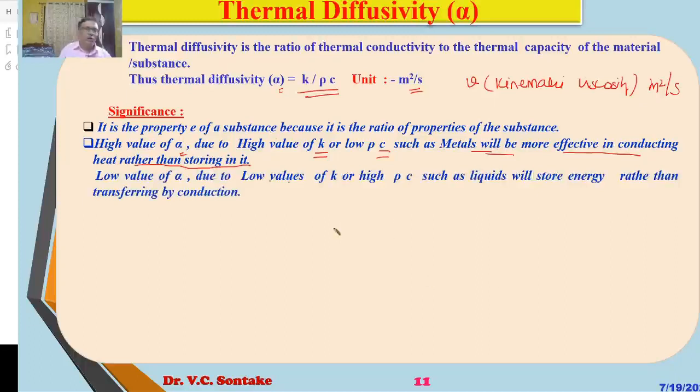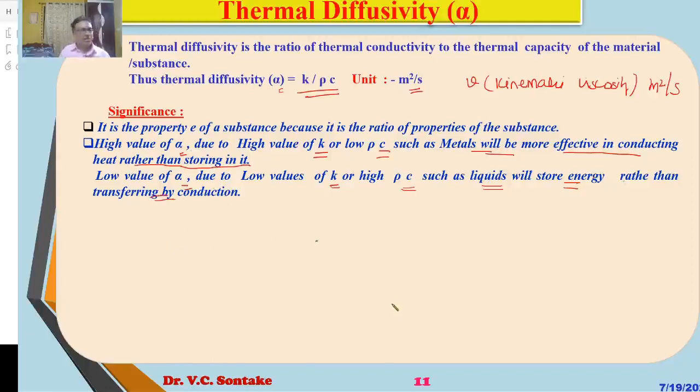Similarly, a low value of alpha may result from either a low value of K or a high value of rho C. For example, liquids. Liquids have low value of K and high value of rho C. So they will be more effective in storing heat rather than conducting heat across it.